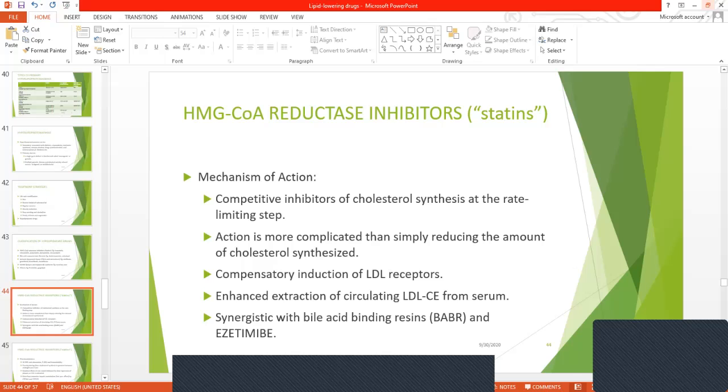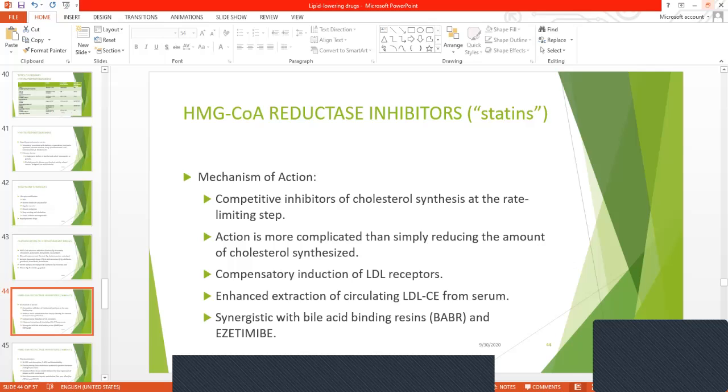It has become a standard practice to initiate reductase inhibitor therapy immediately after acute coronary syndromes, regardless of lipid levels. Its mechanism: HMG-CoA reductase mediates the first step in sterol biosynthesis. The active forms of the reductase inhibitors are structural analogs of the HMG-CoA intermediate that is formed by the HMG-CoA reductase.